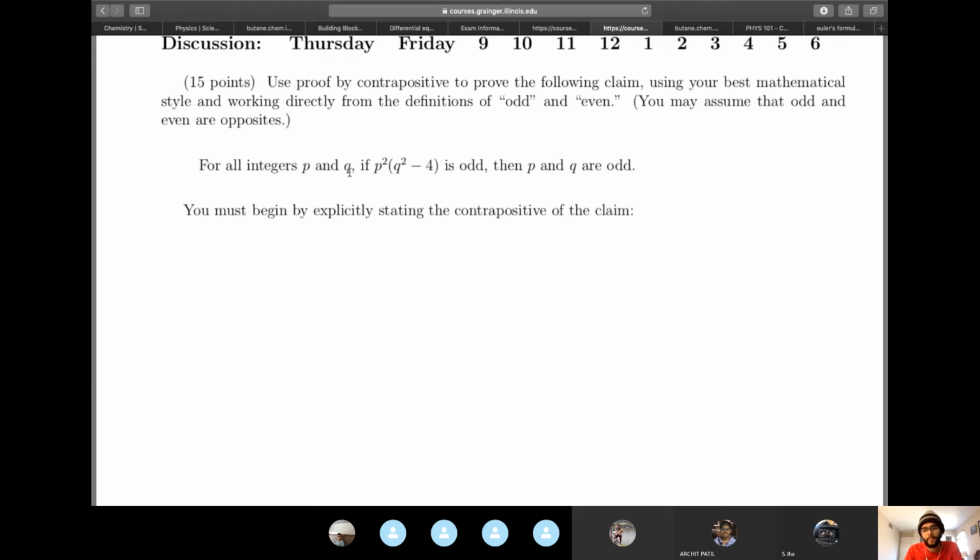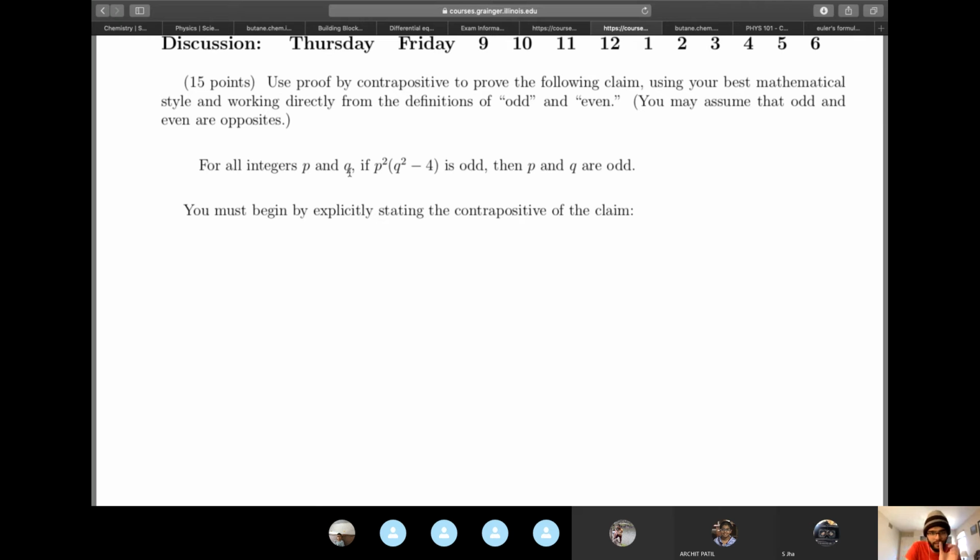Contrapositive says that if a statement A implies a statement B, okay, I will explain it carefully, but just let me say the first definition. If statement A implies statement B, then the negation of statement B should imply the negation of statement A, which means, if I am hungry, I will eat food.